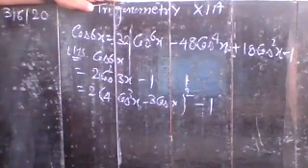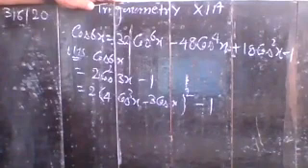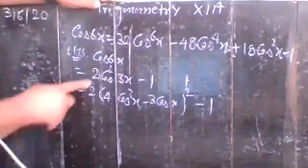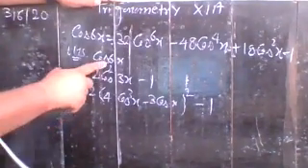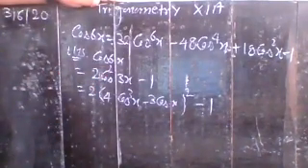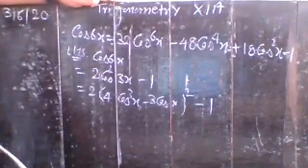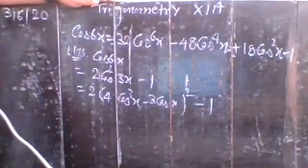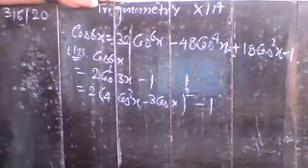Sir, can we use cos 4x plus 2x? Cos 6x is cos 2x plus cos 4x. Yes, you can write it, but in that case, you are not able to find this result. Check it. Sir, I have done it.